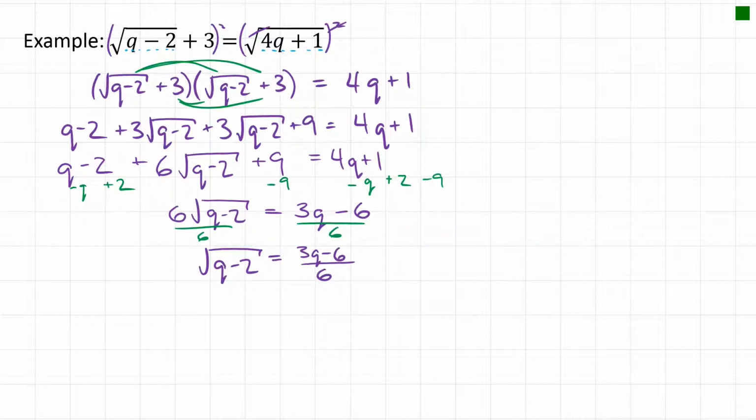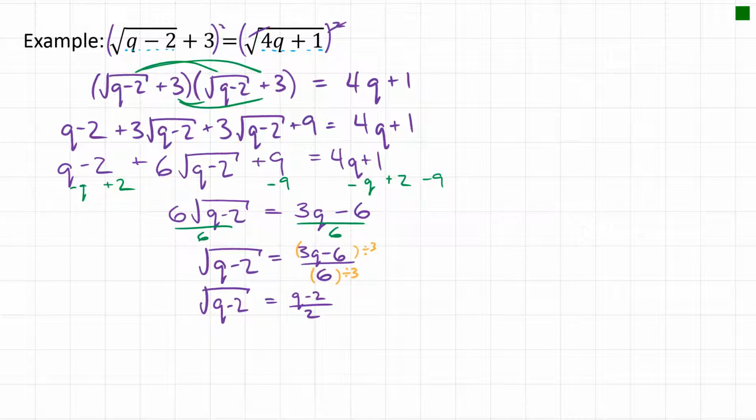which I can simplify. This is an expression I can simplify. I'm going to divide each top and bottom by 3. So that's square root of q minus 2 is equal to q minus 2 over 2.